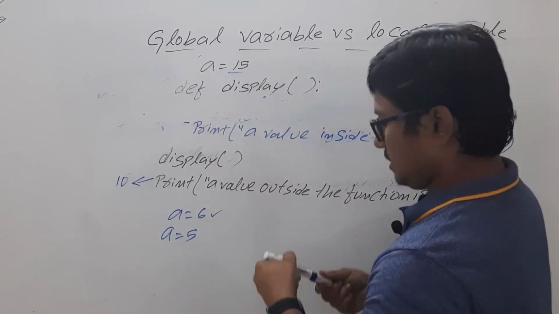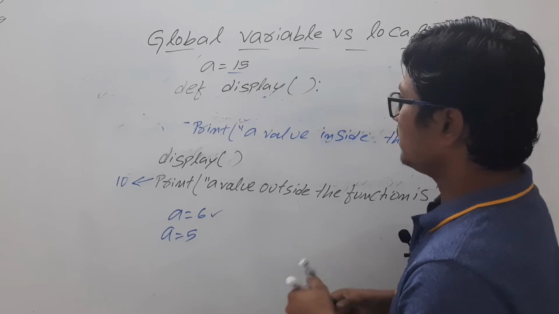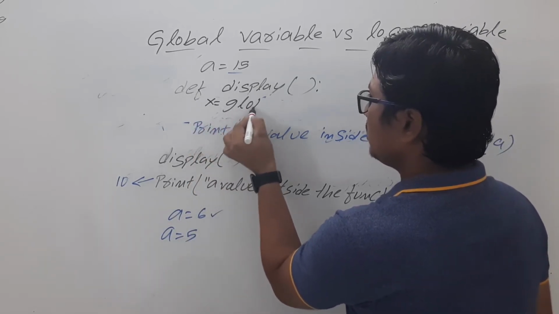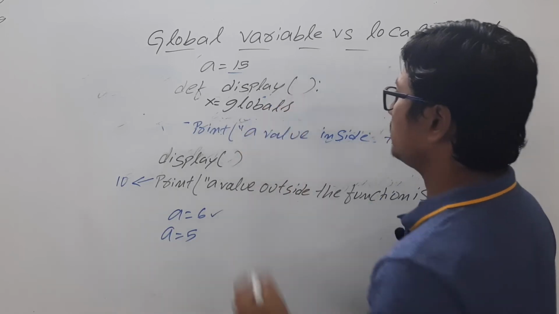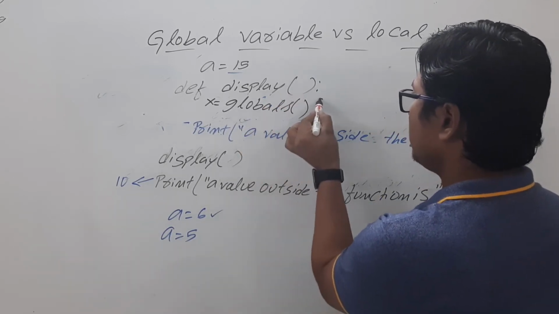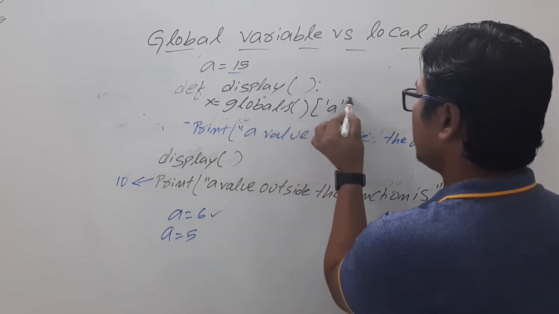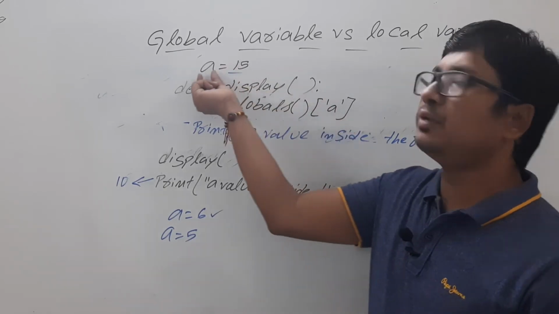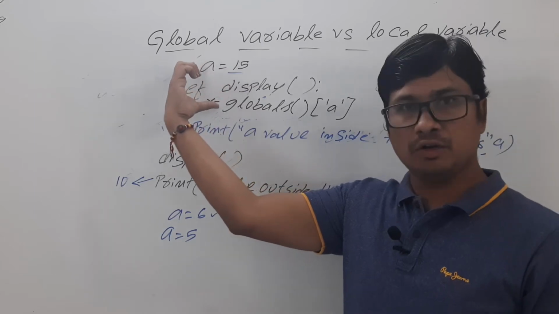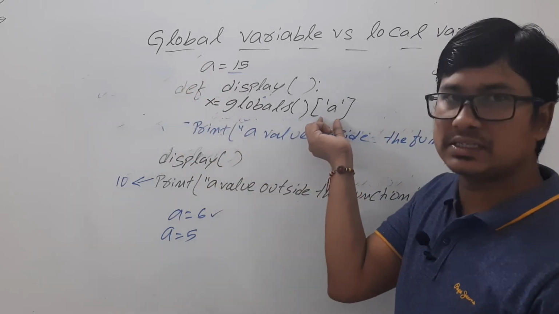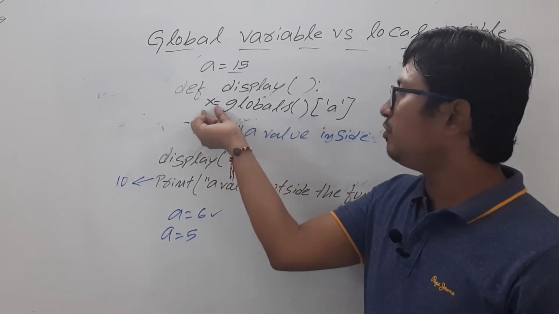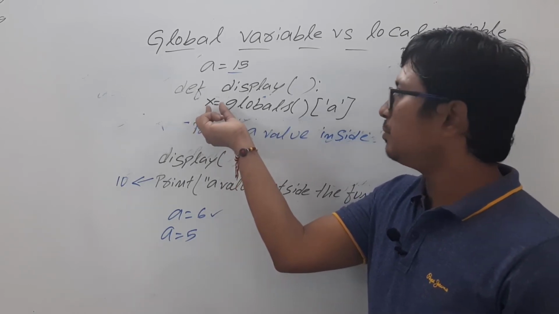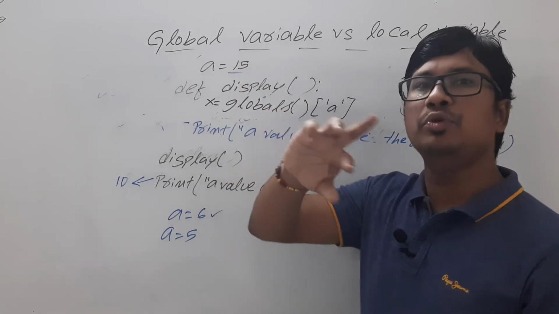What I will do is that I will write some x is equal to globals of a. Now you need to specify which global variable you want to access. If you have more than one global variable, which one do you want to access? Is it clear? Now if you find the address of the variable x and the address of the variable a, both will be the same.